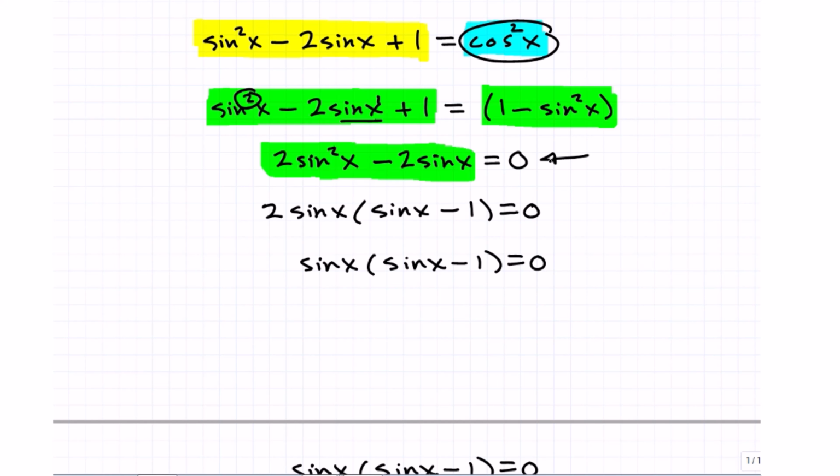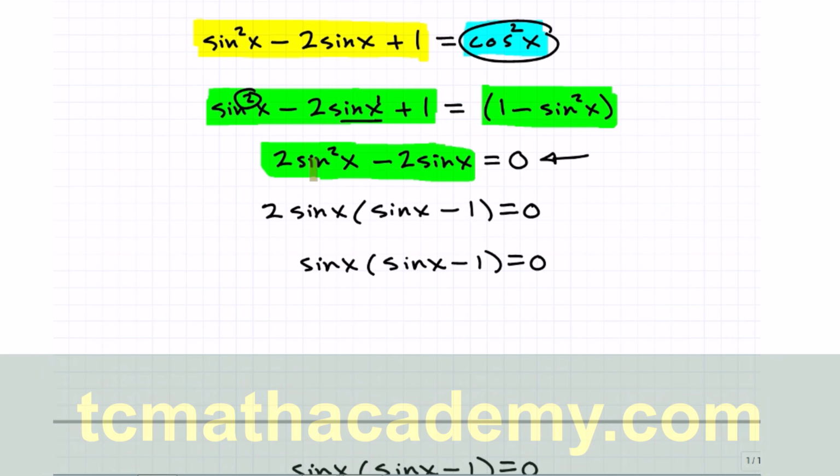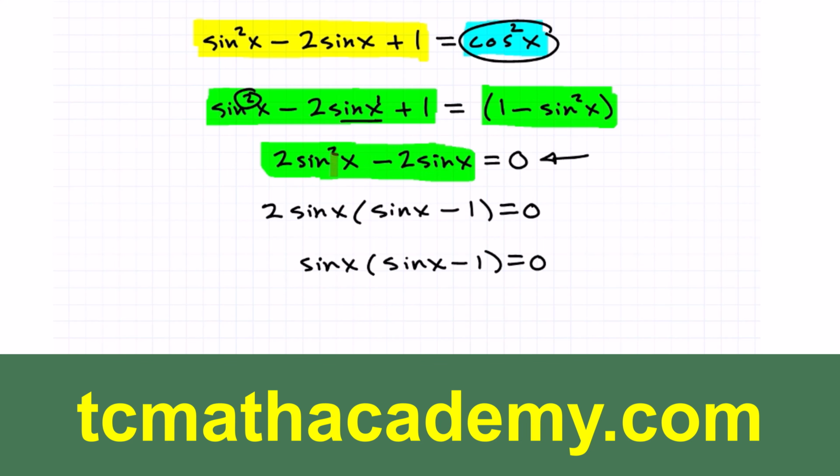Hopefully at this point you understand what's going on. And now what are we going to do? Well, you can see we can factor. We have 2 sine x as a common factor amongst these terms, so I can factor out a 2 sine x, and I'm left with sine x minus 1.